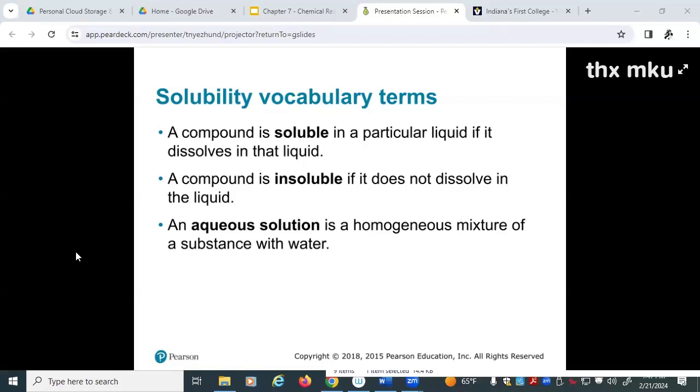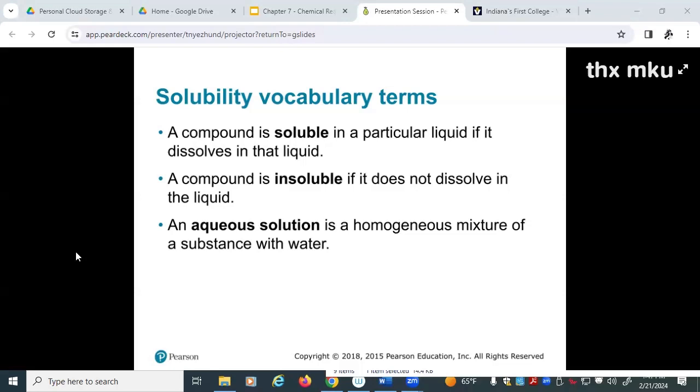Aqueous solutions are solutions that water is the primary component of. So if I have something dissolving in water, the resulting mixture is an aqueous solution. Aqueous literally means water. So a water solution.